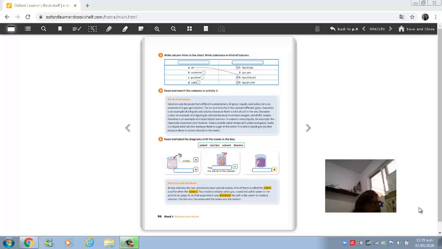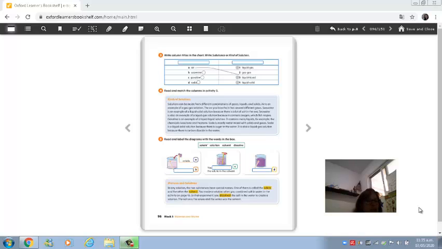Now you're going to label the diagrams with words in the box. You have solute, solution, solvent, and dissolve. Okay? The first one is done for you. Solute is A. What would B be? Solvent. That is correct. Next column.